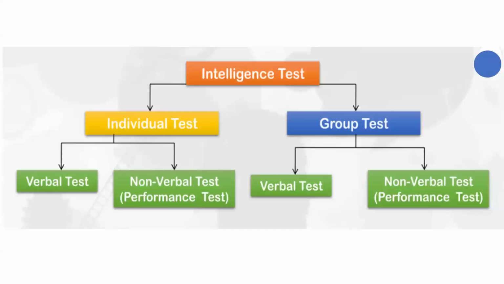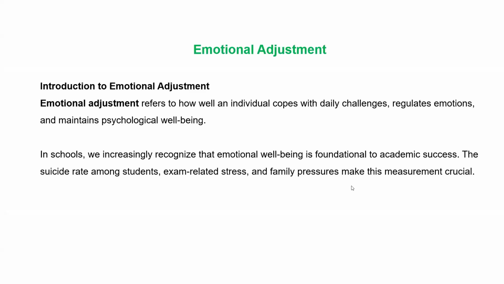So this is the summary: individual tests, group tests, verbal tests, non-verbal tests. That's what we have learned so far. Give me a minute. We have to move to the emotional adjustment side.